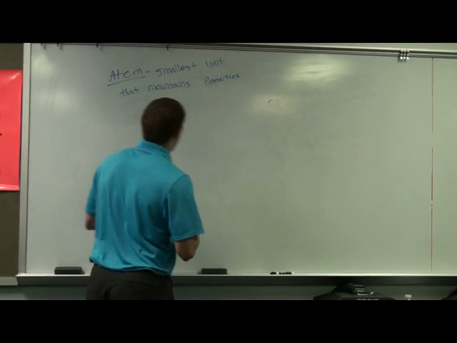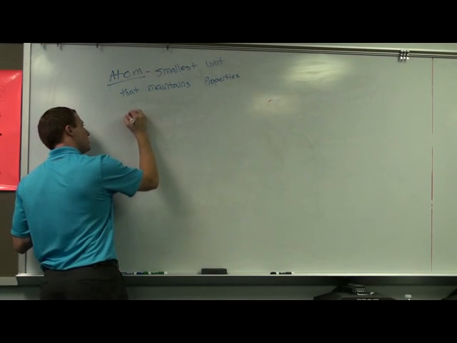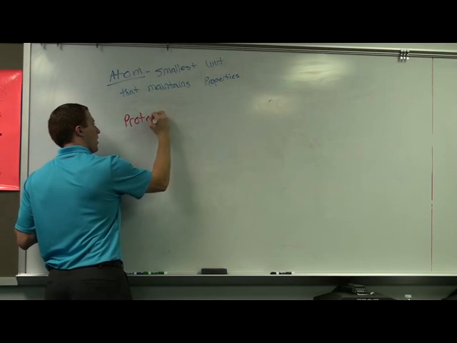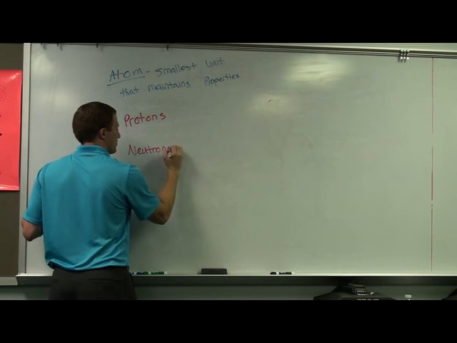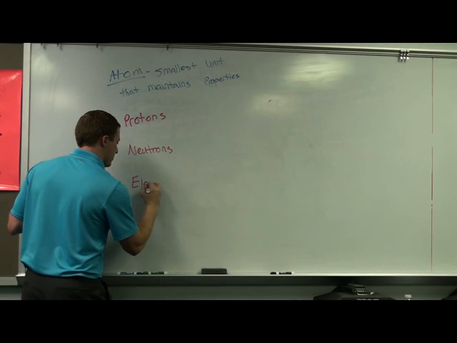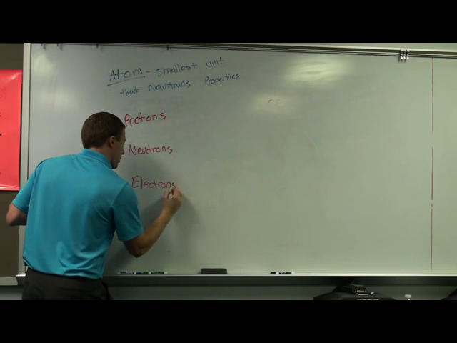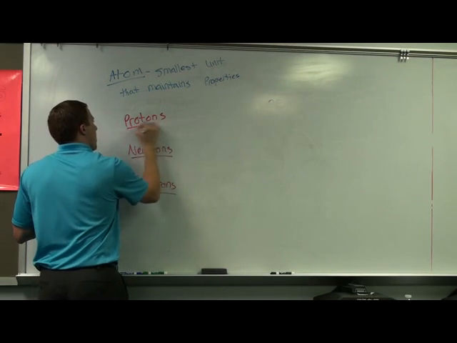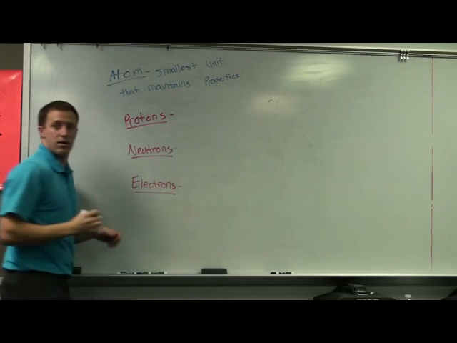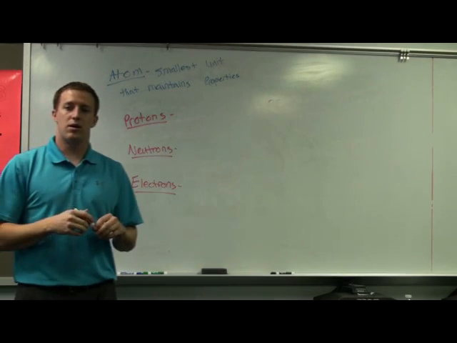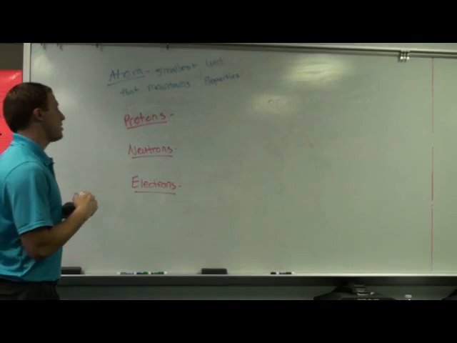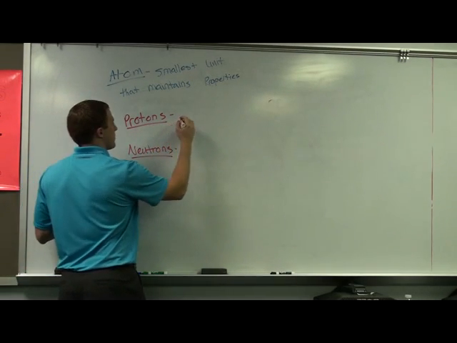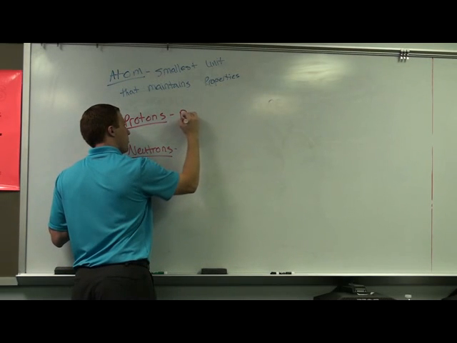Alright. So then the three parts of an atom are the protons, neutrons, and electrons. You remember this as what are protons? What charge? Positive.